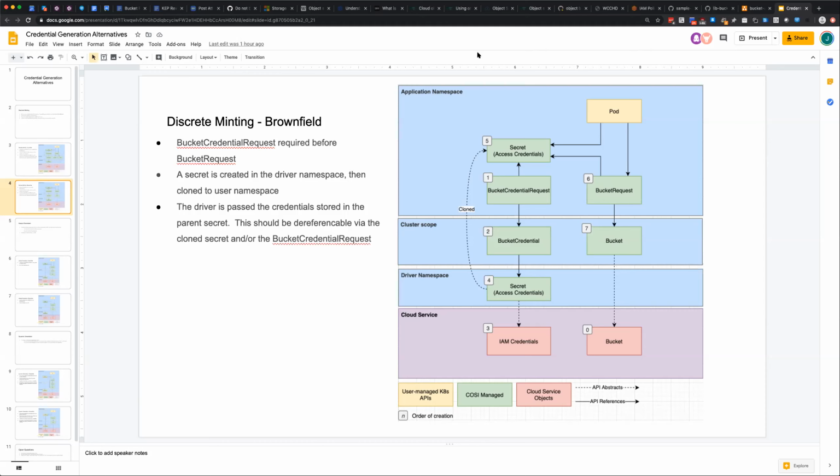So you could say, mint me access credentials, and by the way, maybe the way this driver works, it also mints a user and provides it. Maybe a different driver doesn't mint the user, and expects there to be an existing user that you communicate to it, like an existing Kubernetes service account passed in as part of the request. And that's what informs it as to what it should be creating the IAM policy for.